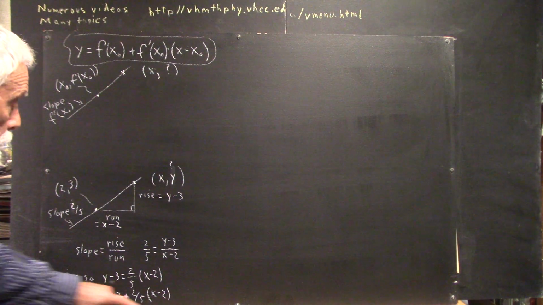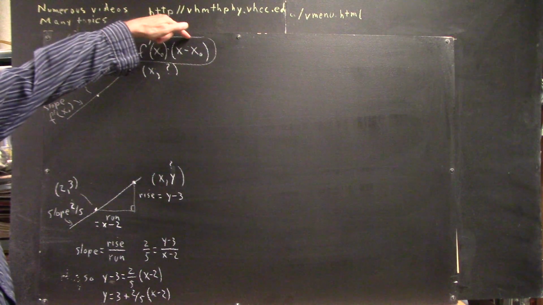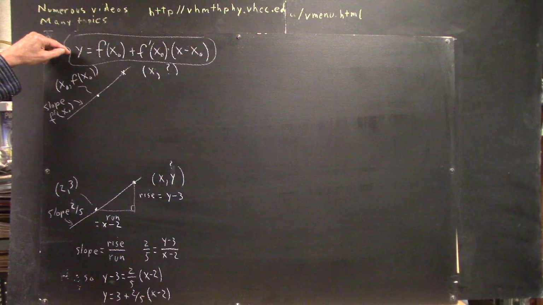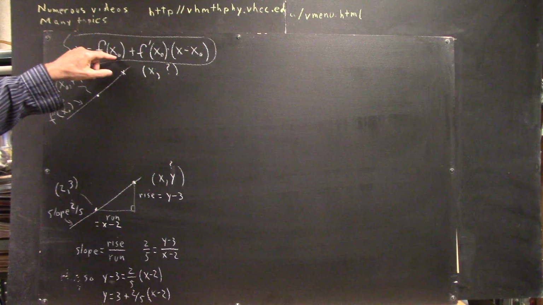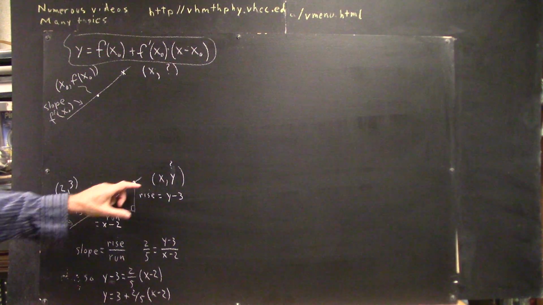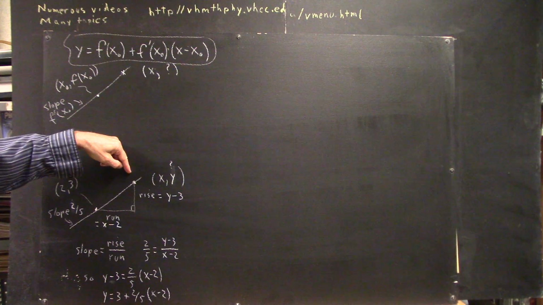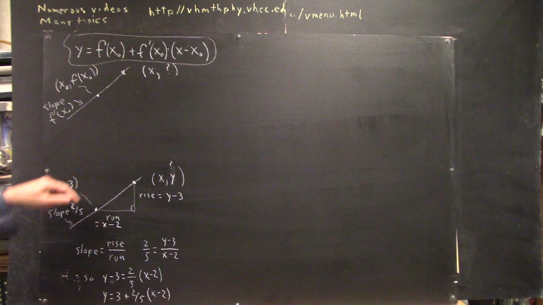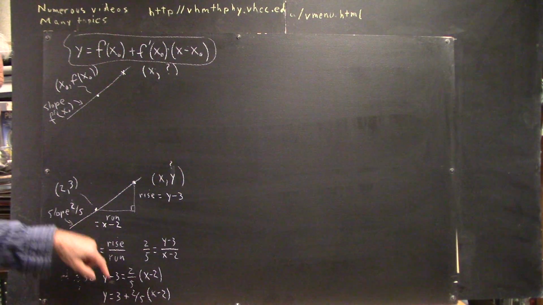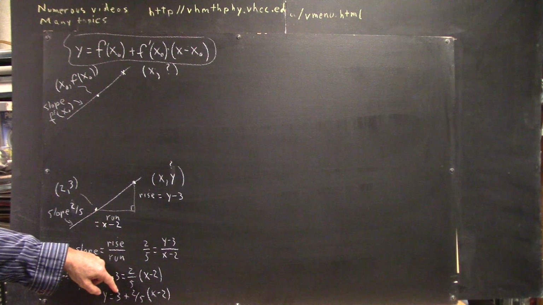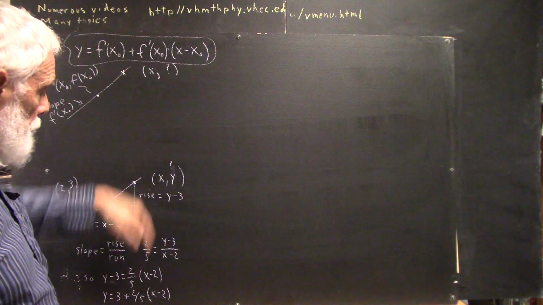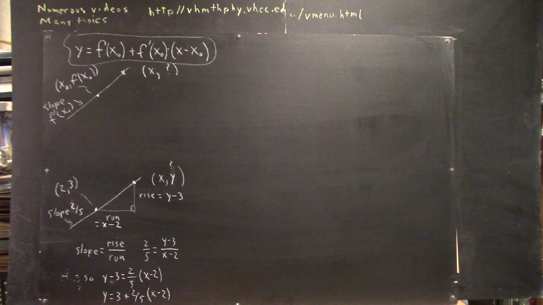Now this is in the same form as this. I get my y by taking my f of x naught, which would be my y value at this point, and that would be 3 in this case. And then I take 2/5 of my run, 2/5 of x minus x naught. That gives me my rise.